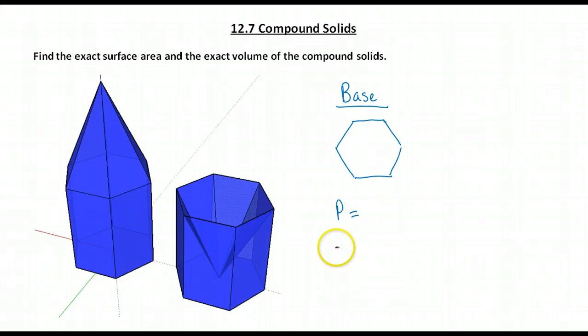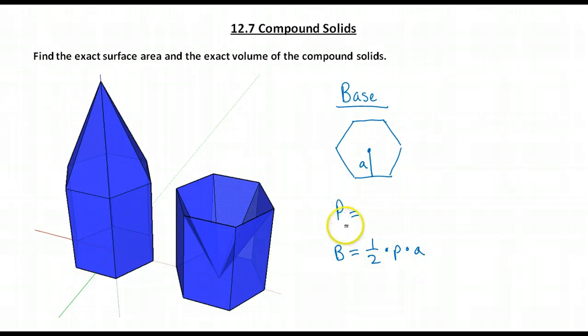After we find the perimeter, we want to find the base area. And in order to find the base area of a hexagon, I'm going to need to know the apothem. And then I'm going to take 1/2 times the perimeter times the apothem.